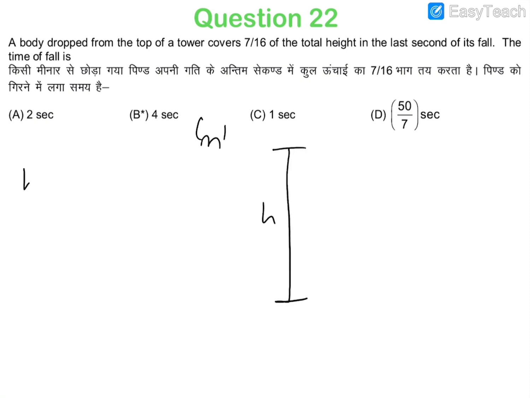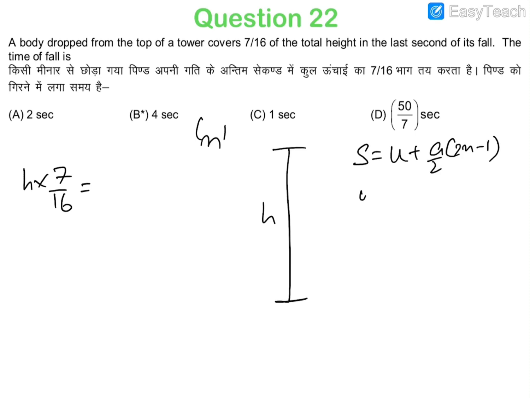So h into 7 by 16 is equal to, now we know that the distance traveled in the nth second is given by u plus a by 2 into 2n minus 1.